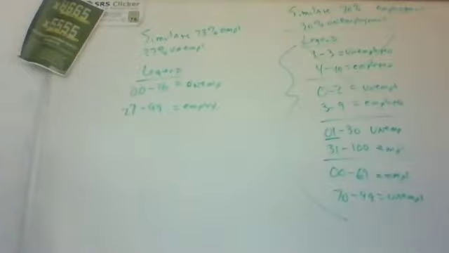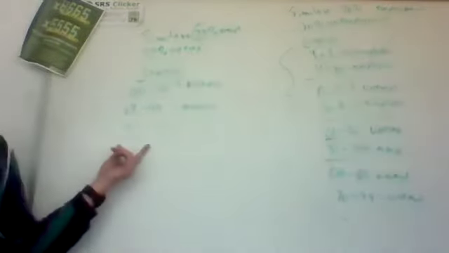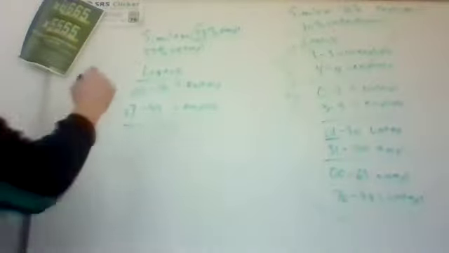It says 00 through 26. So 00 through 26 would be the unemployed. 27 through 99 would be the employed. So that would work well with the random number table.